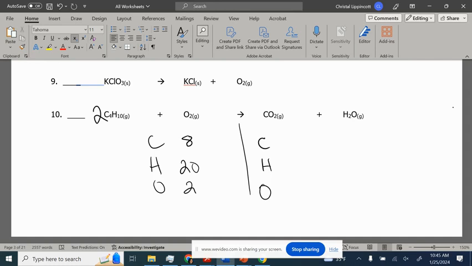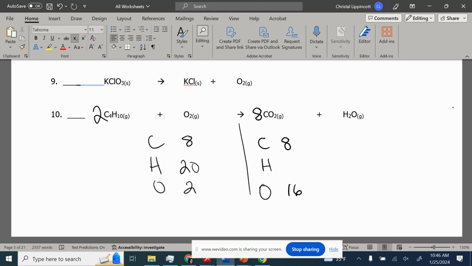When I come over here, I'm going to start balancing this out. I can see that I'm going to need 8 carbon, so I'm going to start by putting an 8 there. That's going to give me the 8 carbon that I need. It's also going to give me 16 oxygens.